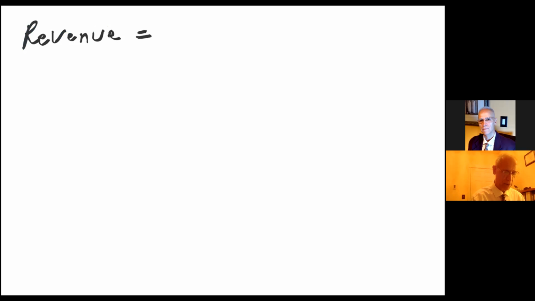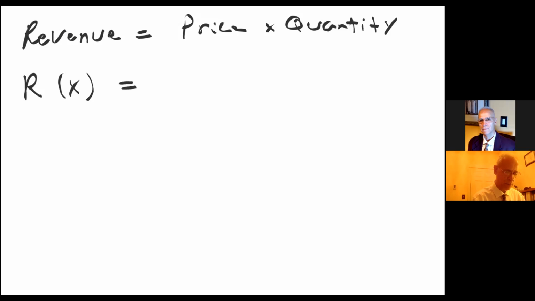Revenue equals price times quantity. So R as a function of x equals price, P of x, times just x. How many TVs sold?